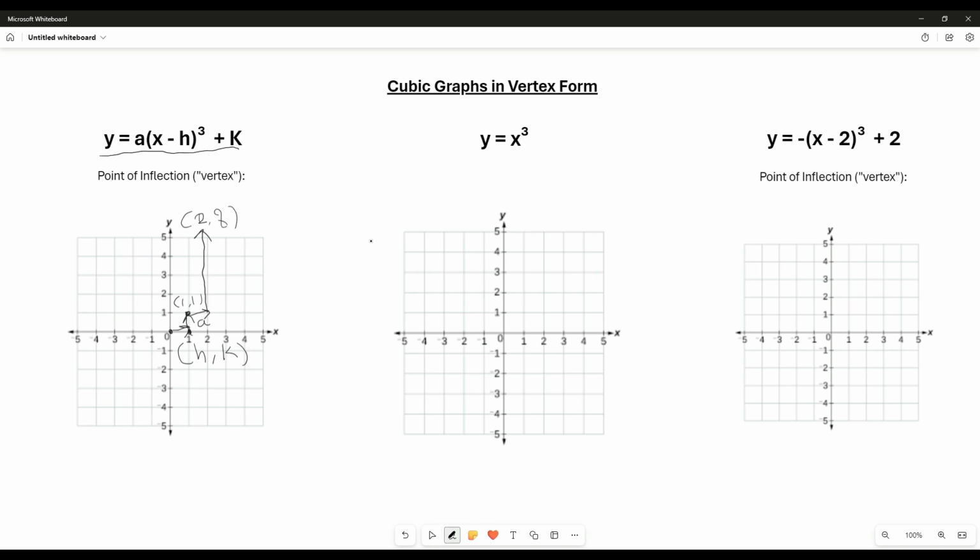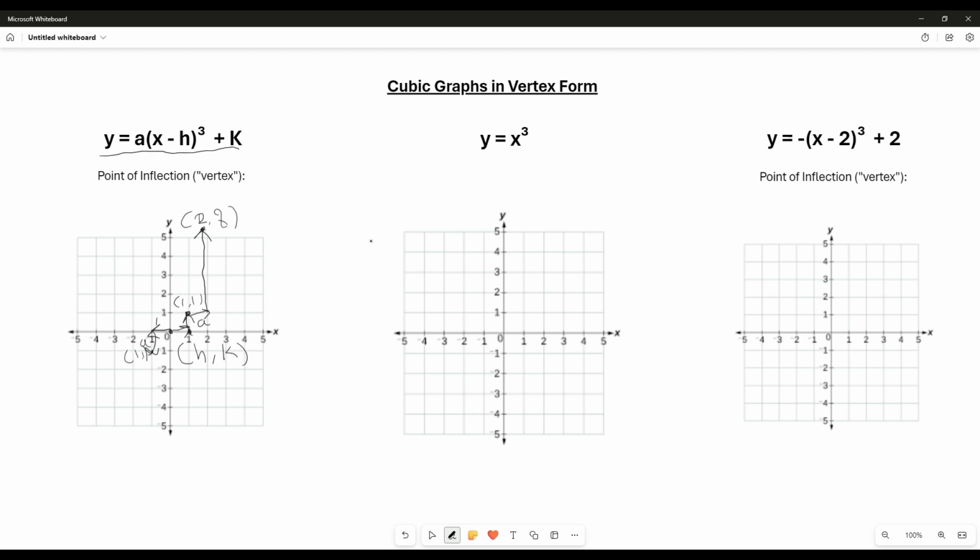So that gives you the right side of the cubic graph. So now you have to do the other side. The other side is almost the exact same thing, except instead of going up, you're going down. So you go to the left 1 and you go down a. So that'll be -1, -1.